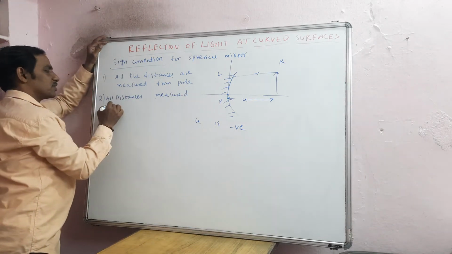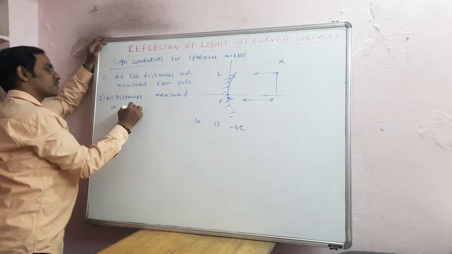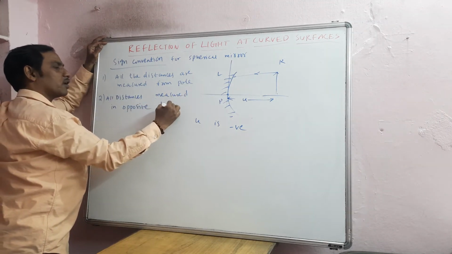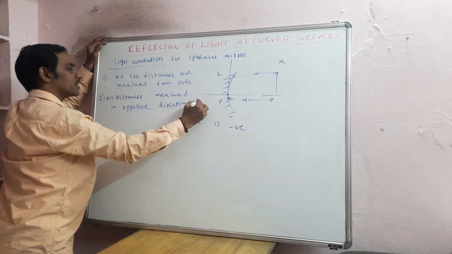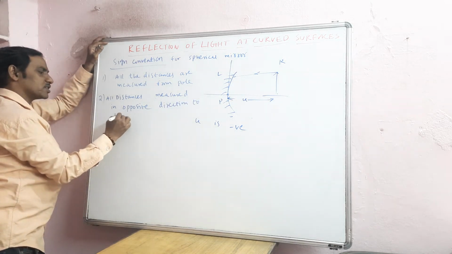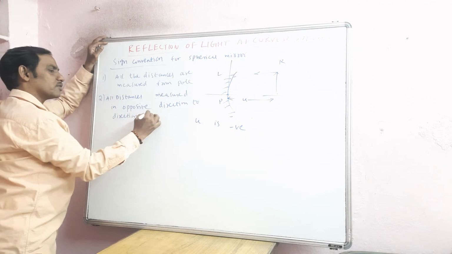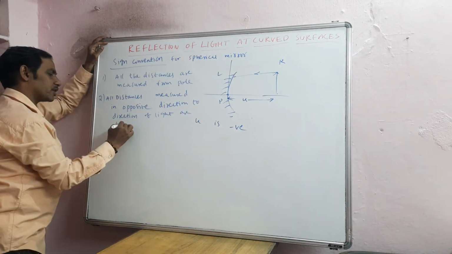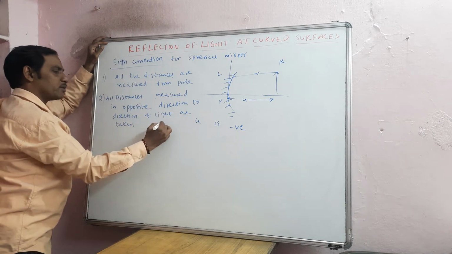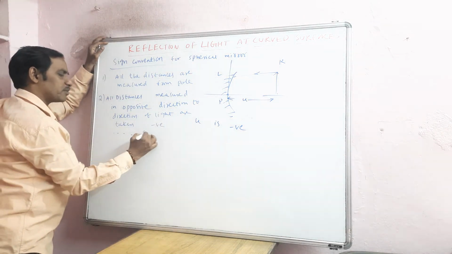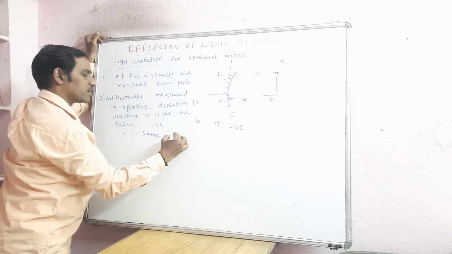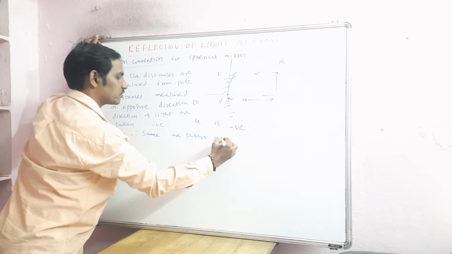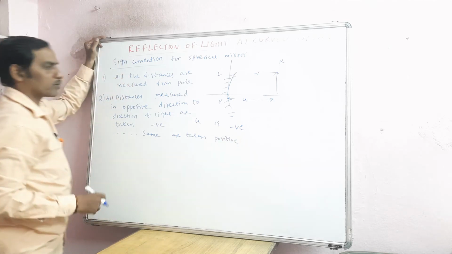Generally we will take the object first, so distances measured opposite to the direction of the light are taken negative, and distances taken in the same direction are taken positive. So this you write.